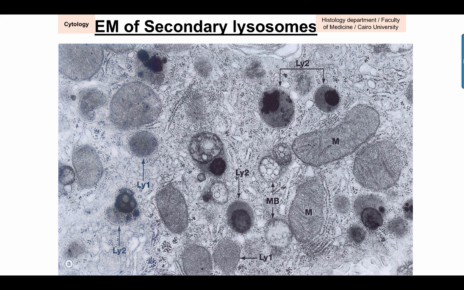So we have here the primary lysosome, heterolysosome, multivesicular body, secondary lysosome, heterolysosomes, and these are of course mitochondria.